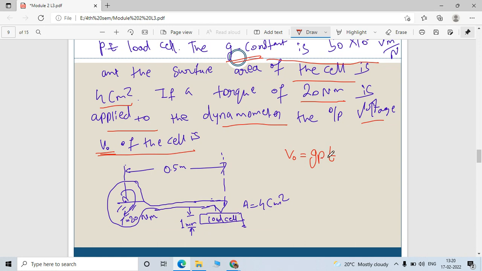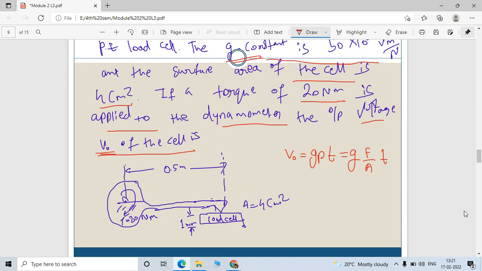You need to find out the voltage. Pressure is not given to you, but you can define it in terms of force. So P is F by A, into T. Depending on the data provided, you just use that equation.